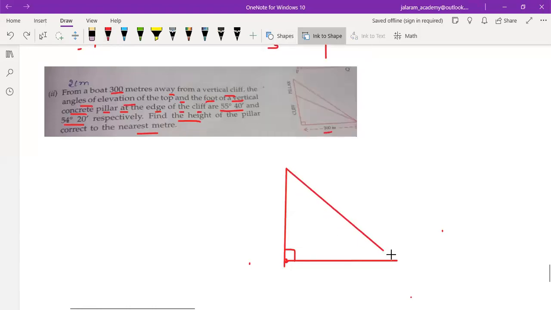First we draw a triangle. Now from a boat 300 meters away from a cliff. So if we consider that this B is the boat, and it is 300 meters away from the cliff, from the foot of the cliff.